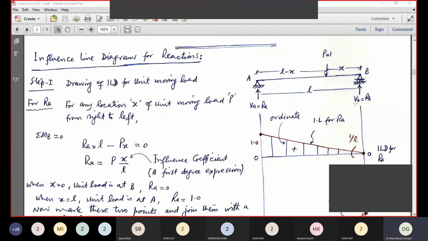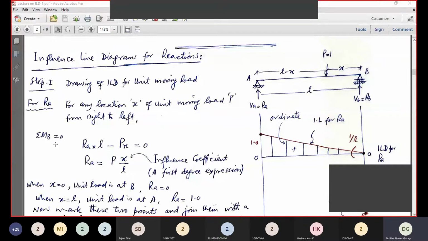Now, how we are going to proceed? For this reaction RA, our normal practice is take the moment at B. For any location x of unit moving load P from right to left, sigma MB is equal to 0. Now what we will get?